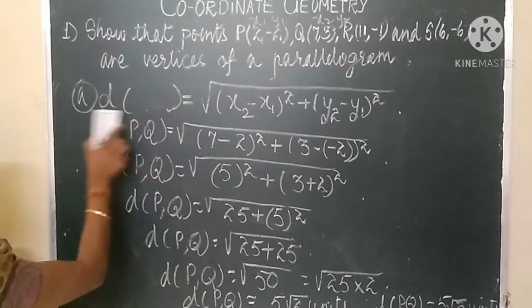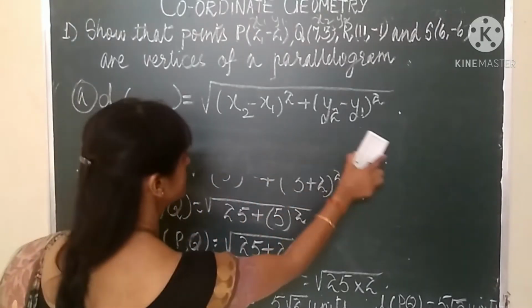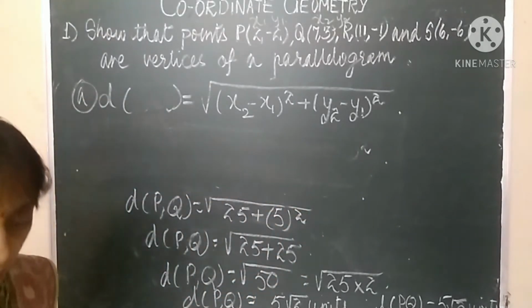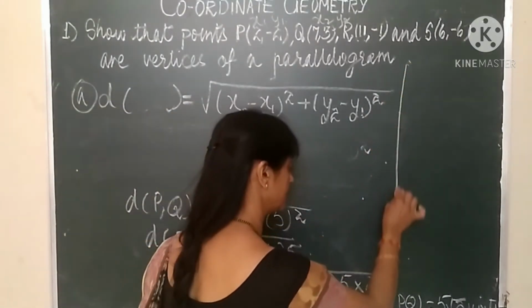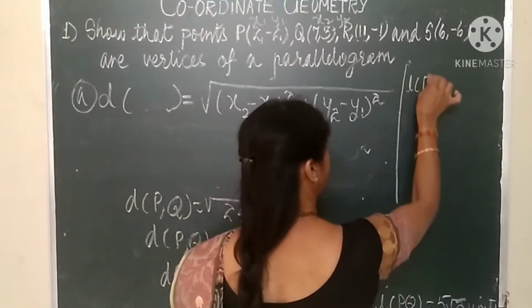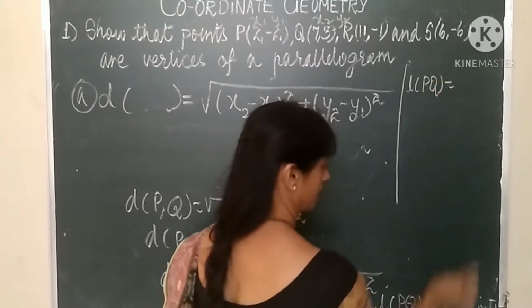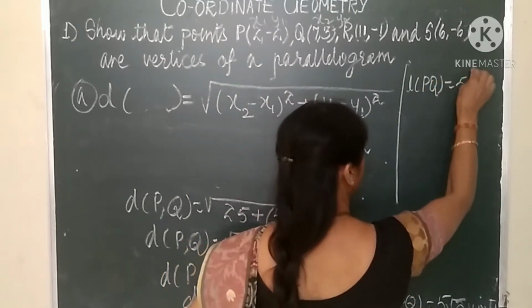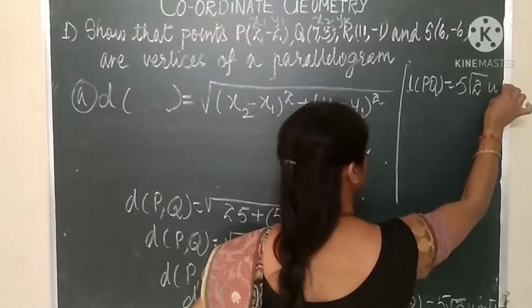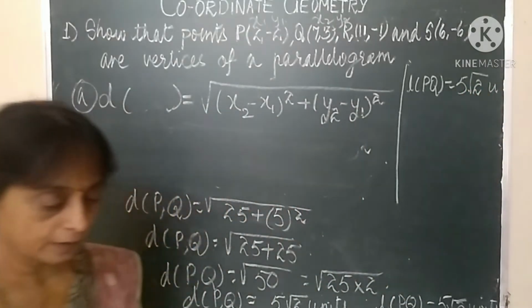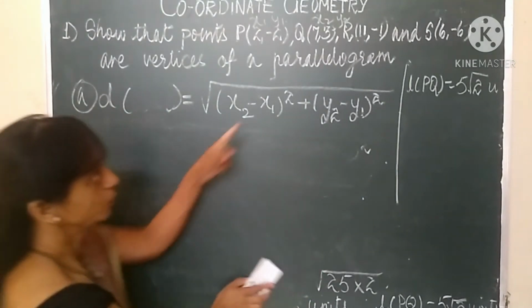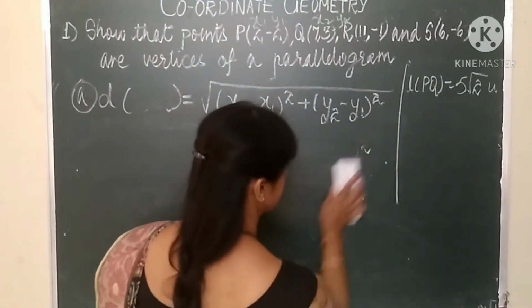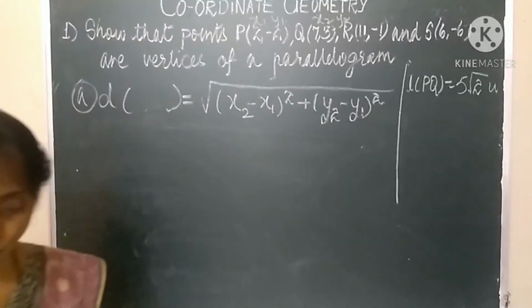Again children, over here we use the same distance formula. Let's jot down the value of length PQ aside. So length PQ we got as 5 root 2 units. Let's continue to calculate now distance QR, the next set of points.